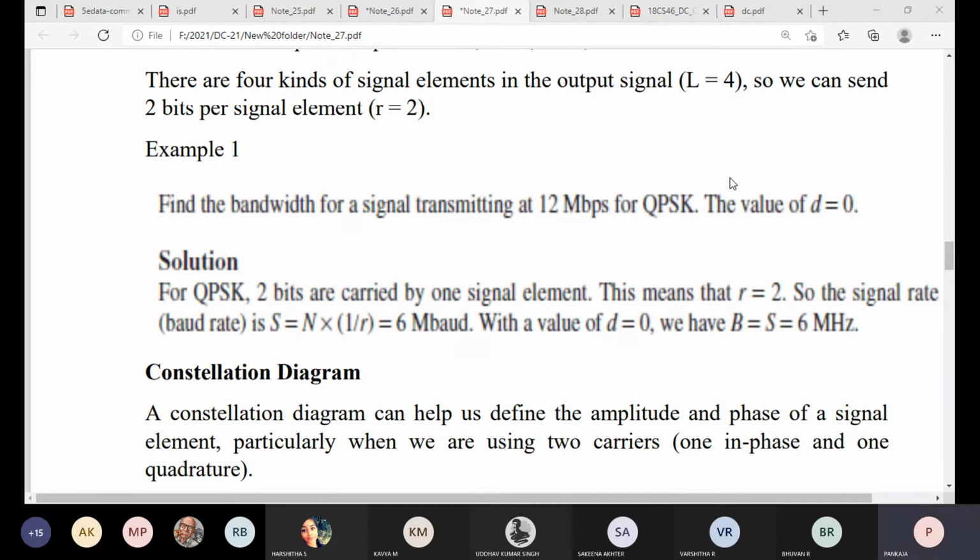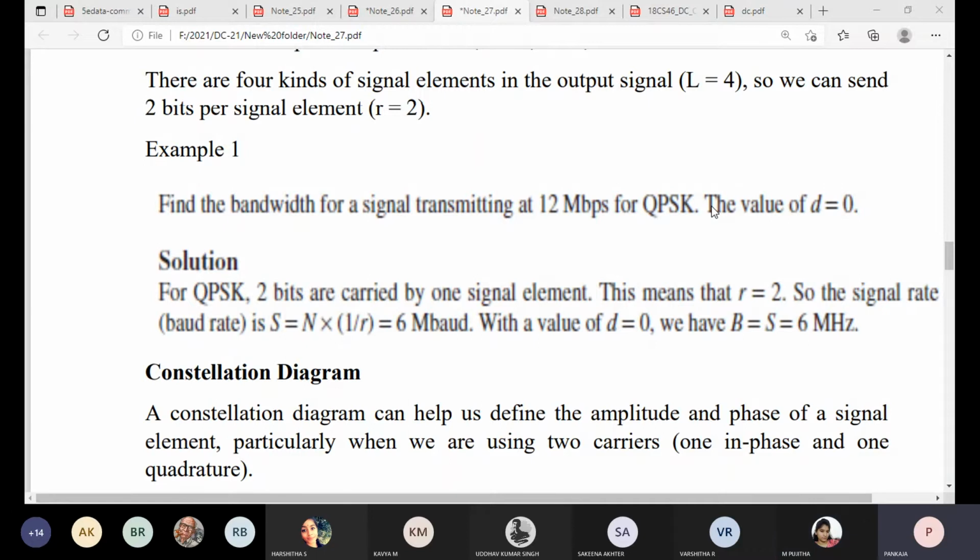We have discussed in chapter 3 about composite signal and simple signal, that is sine wave. Signals which are produced from multiple materials, ma'am. It is not materials, it is signals.